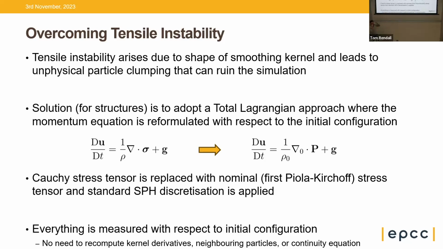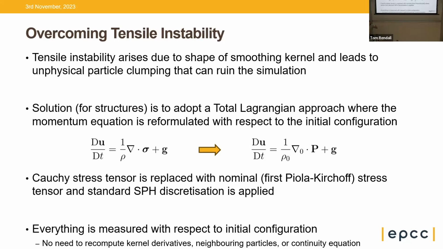It's the exact same equation, solving the same physics, but in a different reference frame. So all of our initial quantities and all our operators are measured with respect to the initial configuration. Again, from here, we can just apply our normal SPH discretization, and it completely eliminates the tensile instability.